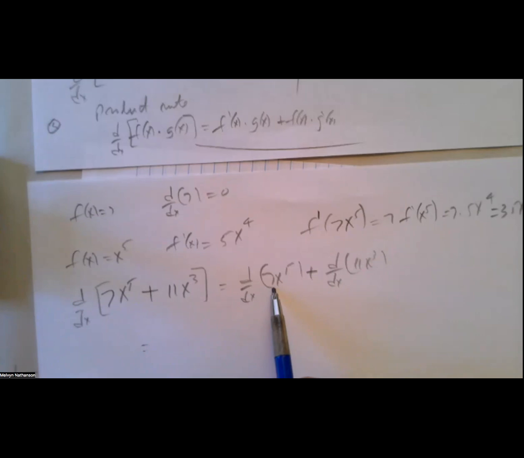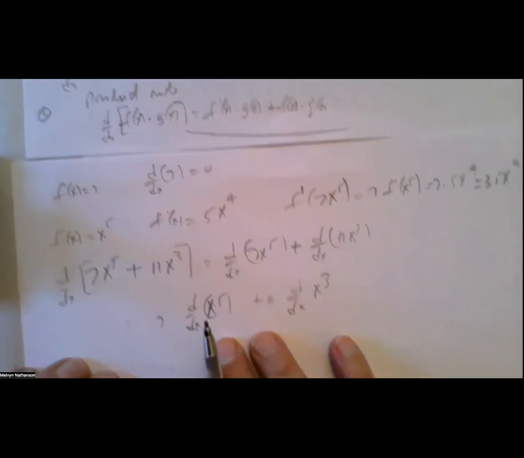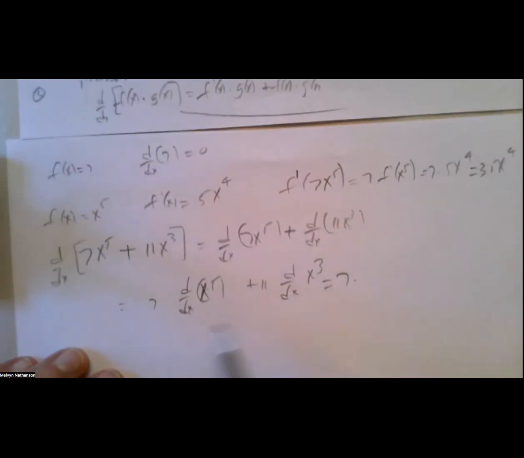By the constant multiple rule, this is 7 times the derivative of x to the 5th plus 11 times the derivative of x cubed. That's 7 times 5x to the 4th plus 11, and the derivative of x cubed by the power rule is 3x squared. So this is equal to 35x to the 4th plus 33x squared.